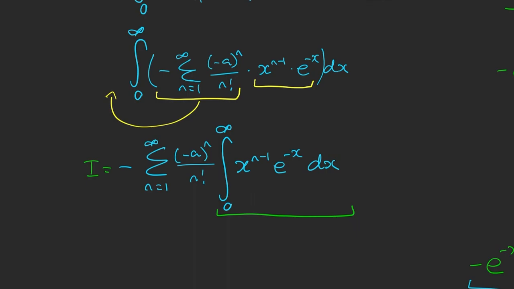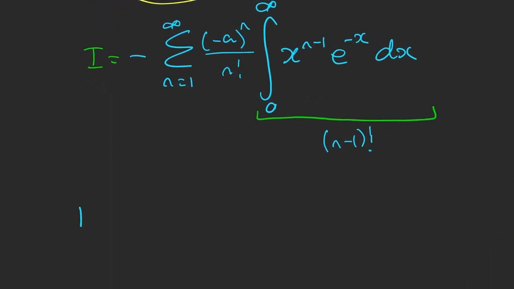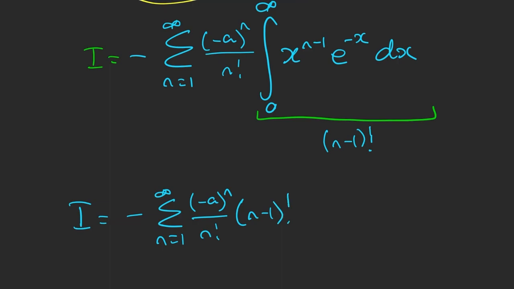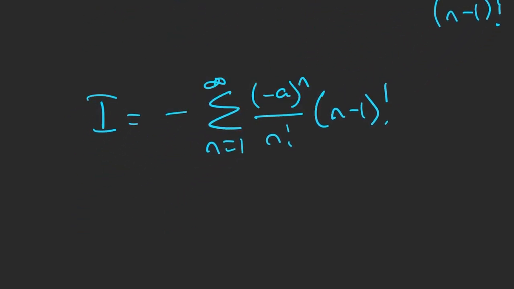Right, so we said that this was equal to n minus 1 factorial. Brilliant. So let's rewrite what we've got. We've got I is equal to negative the sum from n is 1 to infinity of negative a to the power of n over n factorial times n minus 1 factorial now. Amazing. Now we just need to work with this sum, and then we've got our answer.